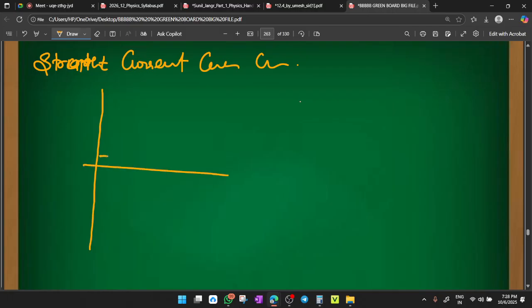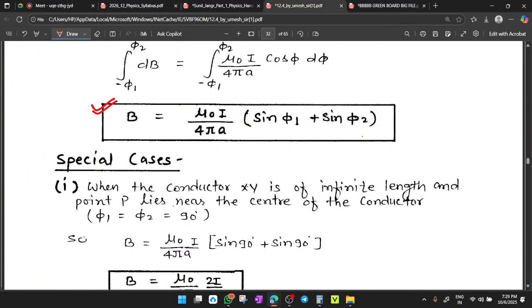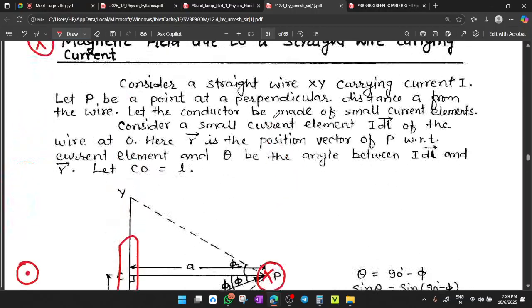So there is a straight current carrying conductor. The perpendicular distance of the observation point from the conductor is a. This is the point where we want to find the magnetic field intensity. If this one angle is phi 1 and this other angle is phi 2, then the intensity of magnetic field is given by B equals mu naught I upon 4 pi a. Look here, two angles are there, phi 1 and phi 2.